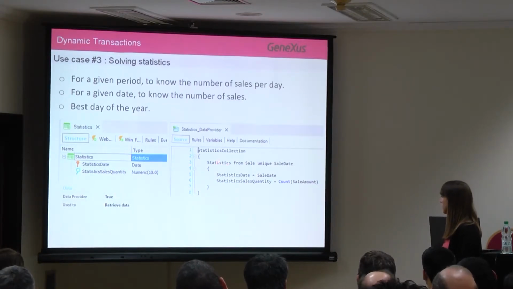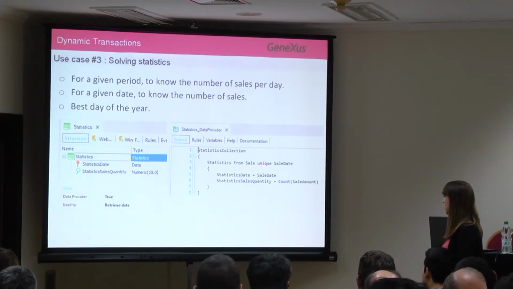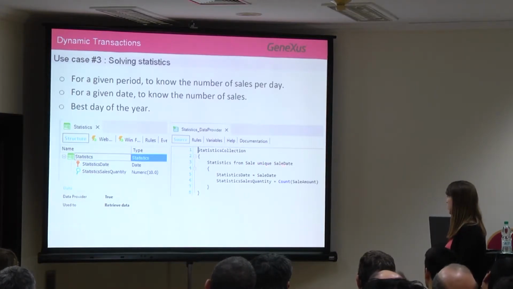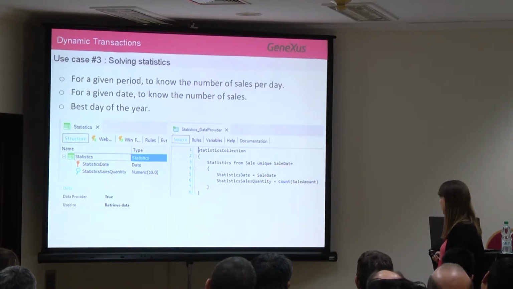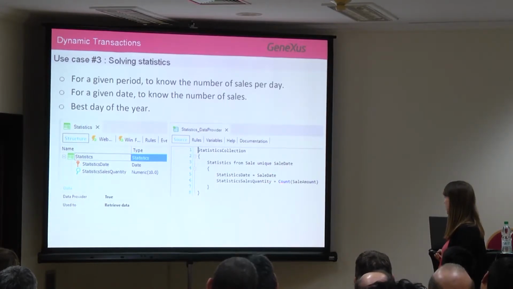And what I'm doing here is I'm saying, okay, this is from, I'm surfing the sales, and with a unique clause I'm saying that I'm taking the sales for a certain date only once. And I take up that date, I allocate it as a date, and then I can count the total number.